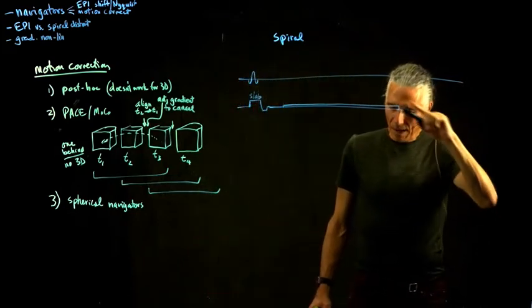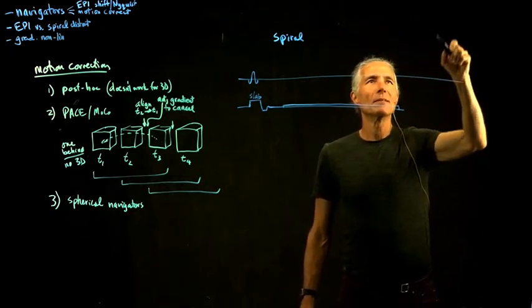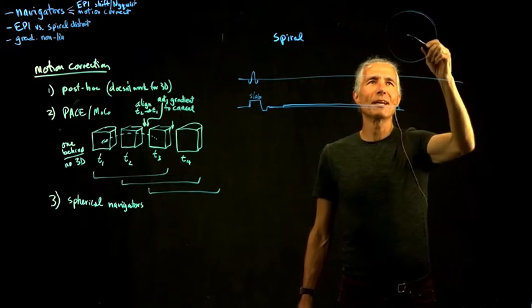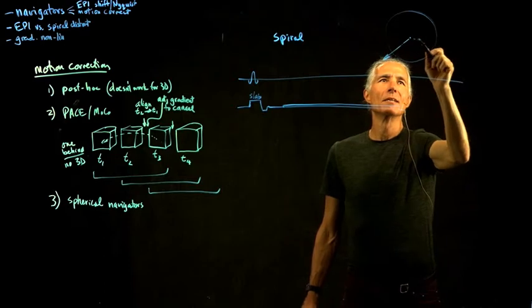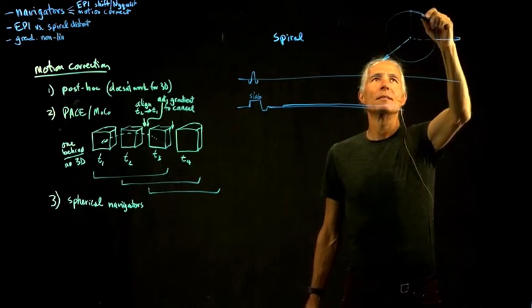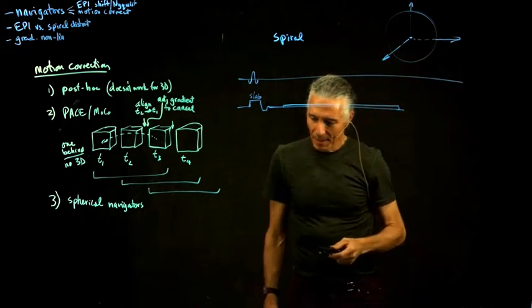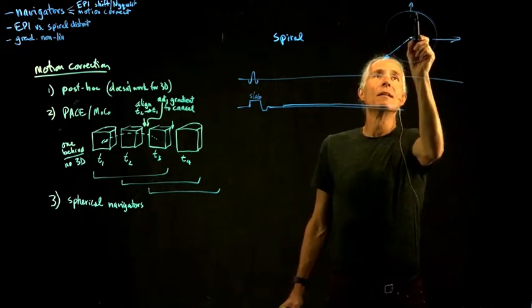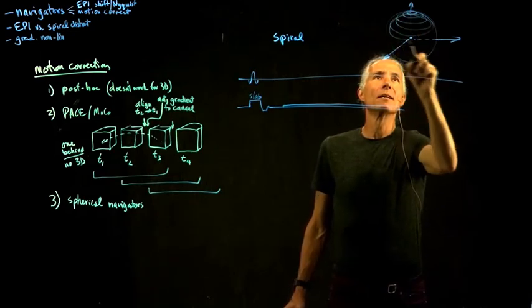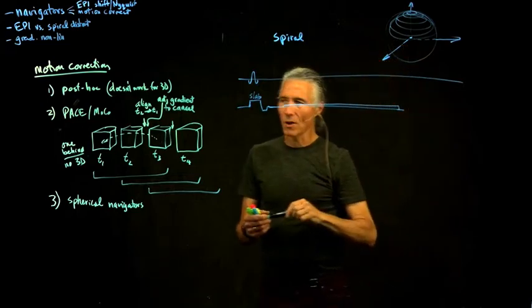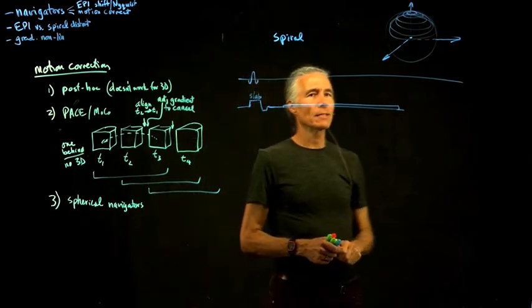So what does it look like in K-space? So in K-space, what we're trying to do is collect a sphere of K-space. So here's the 3 dimensions of K-space. And so what we're trying to do is basically collect a sphere like that of K-space, all at one spatial frequency, one relatively high spatial frequency.